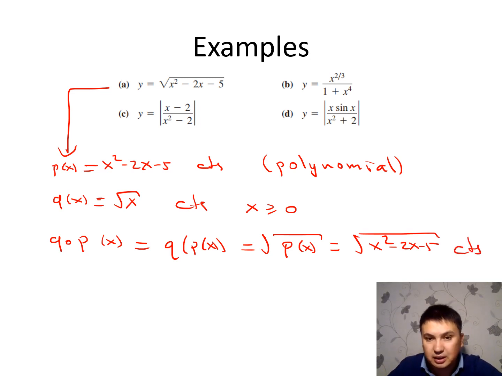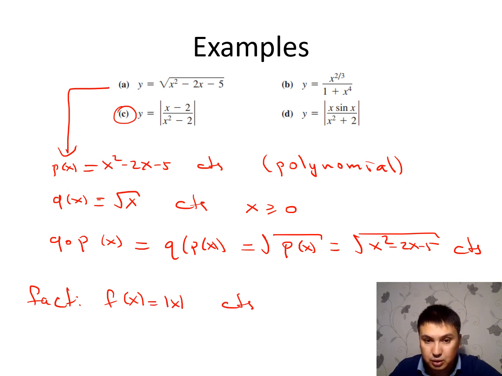So in a similar manner, you can also prove the others. For example, another interesting fact, let's discuss C, is that the absolute value function is continuous. So what do I mean by it? f of x equal to |x| is continuous. If you know the graph, here is the graph of this function, right?